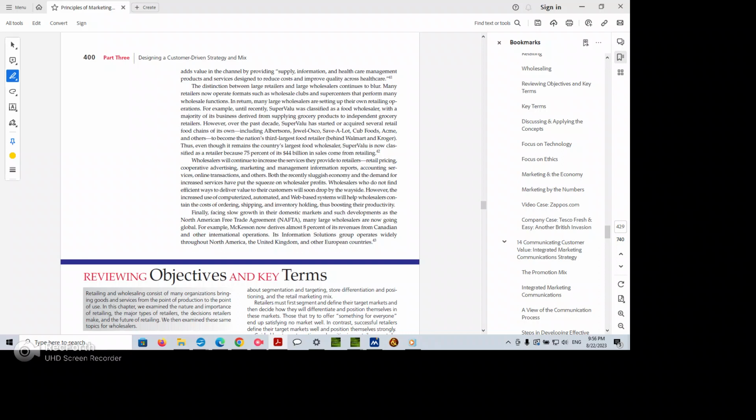Now, the distinction between large retailers and large wholesalers continues to blur, especially where sometimes a wholesaler can be a retailer, but a retailer is not usually a wholesaler. Many retailers operate formats such as wholesale clubs and supercenters that perform many wholesaler functions, and that would be like a big company like Costco or Walmart.